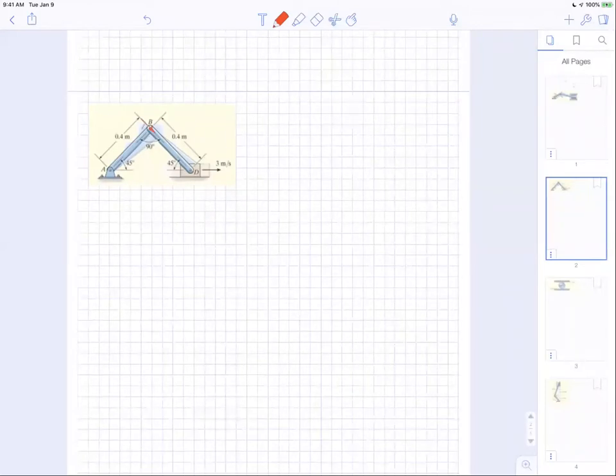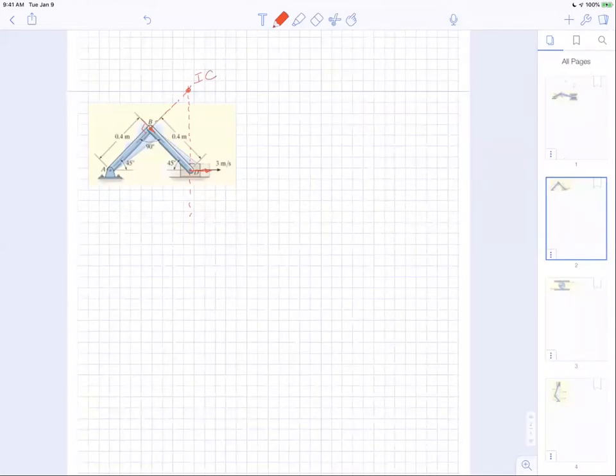The key thing is I drew that perpendicular to that. And the velocity of D is horizontal along the ground. So we're going to draw perpendicular to both these velocities. There we go, and that's the instantaneous center.